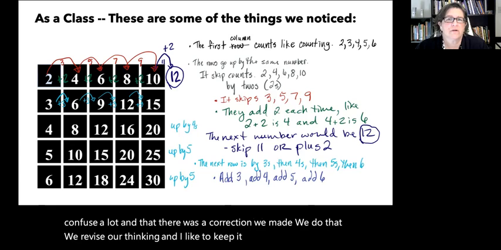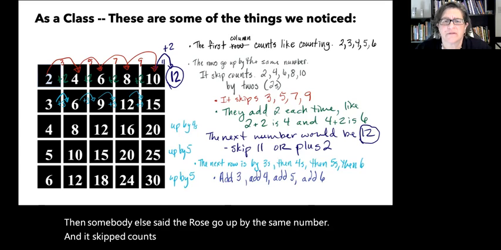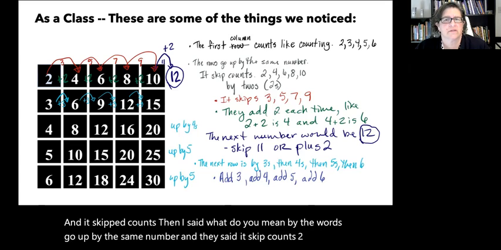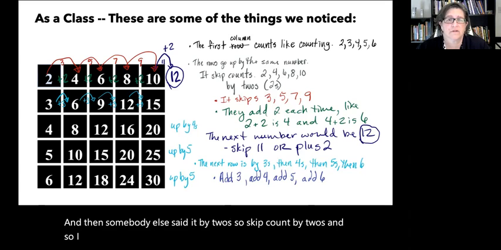Then somebody else said the rows go up by the same number, and it skip counts. I said, what do you mean by that? They said it skip counts, 2, 4, 6, 8, 10, and somebody else said it by twos. I tried to annotate with this next one. It says it skips 3, 5, 7, and 9.